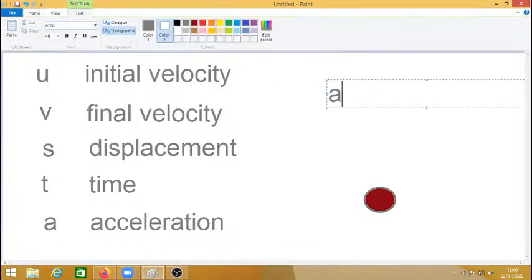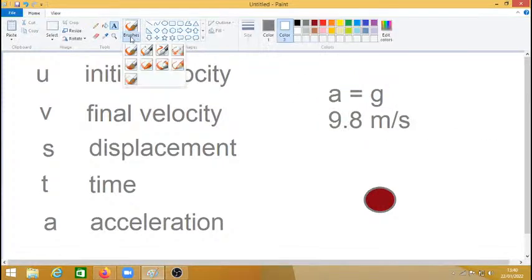Typically the acceleration for any object downwards is always equal to the acceleration of gravity, and that's 9.8 meters per second squared. That's a very important number for you to remember, and it won't be given in the exam. You have to remember that.